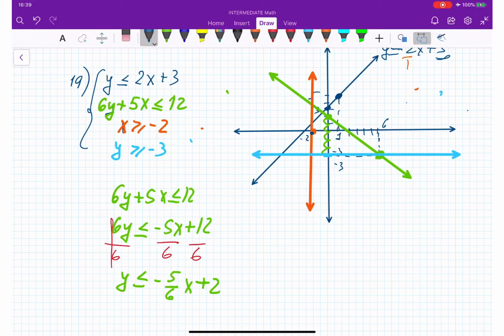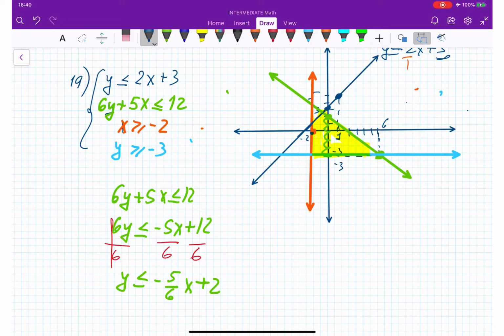If the system of equations has a solution, then the solution is usually included in the area bordered by every single graph. And that piece is going to be this.